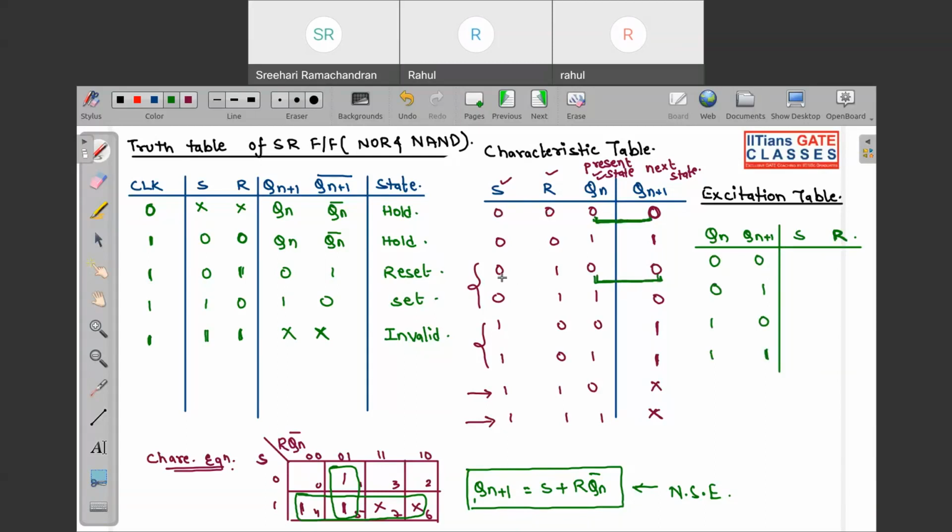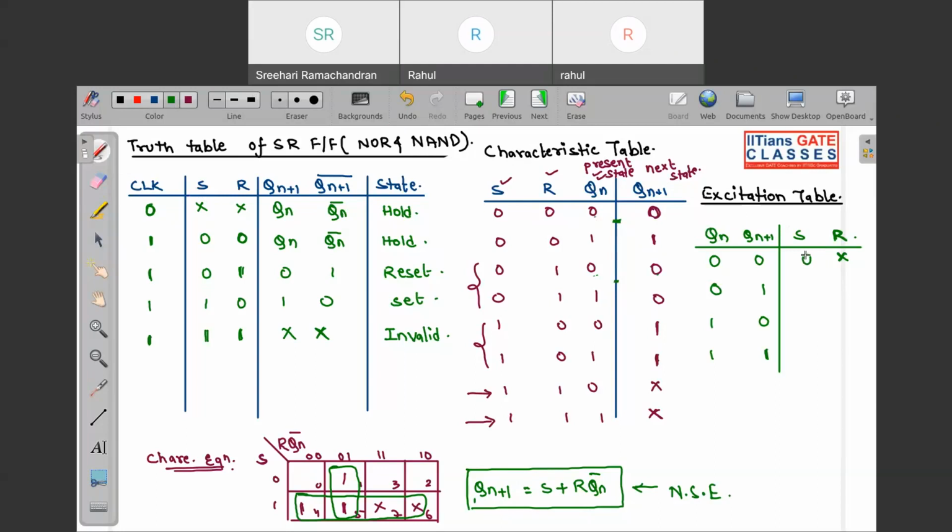In this case, S is equal to 0, R is equal to 1. So we are going to write 0 don't care, because R can be anything. It can be either 0 or it can be 1. So that is why I am writing 0 don't care.